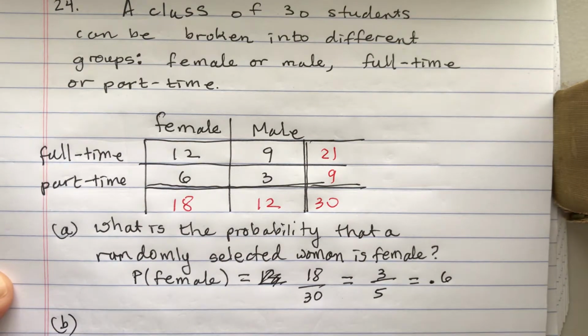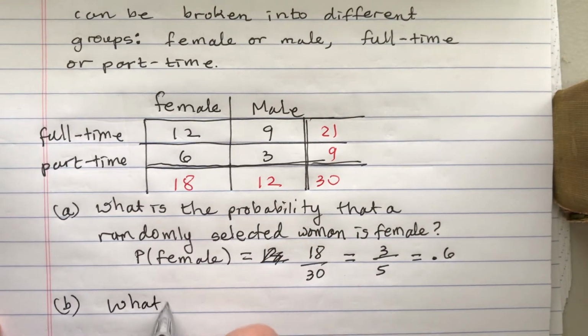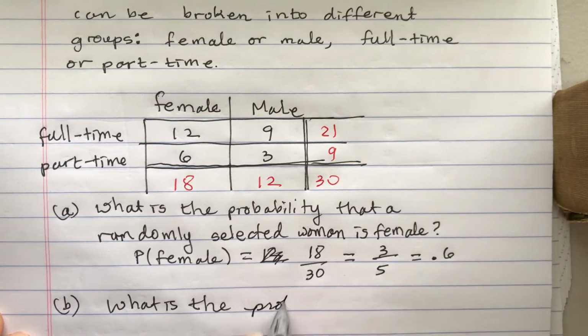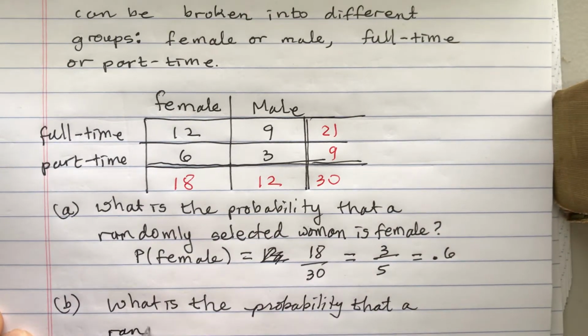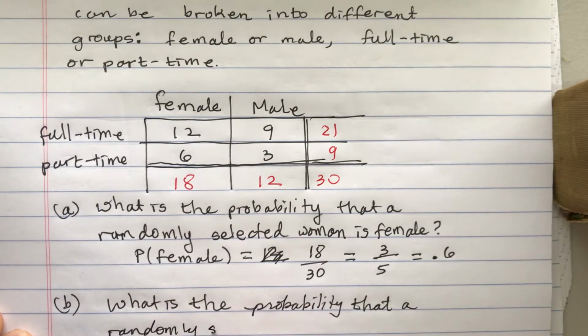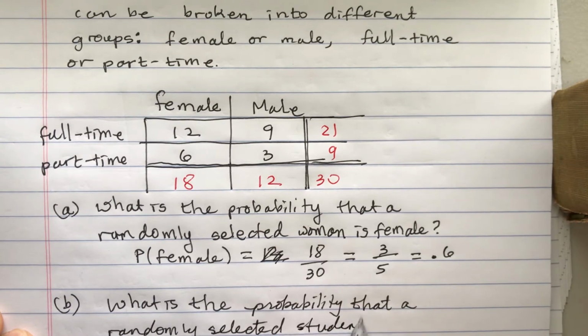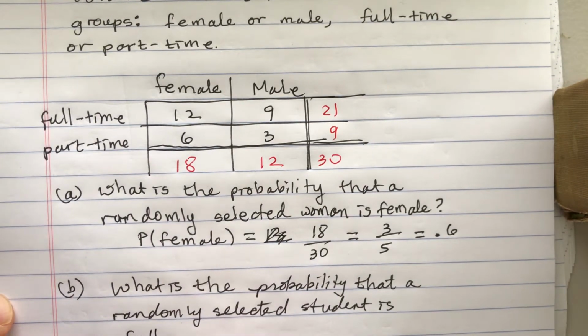For part B, what is the probability that a randomly selected student is full-time, which is sort of shorthand for saying they are a full-time student.